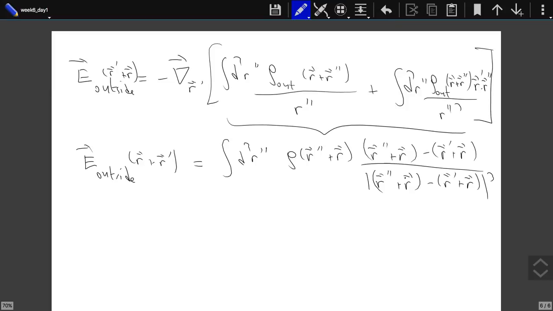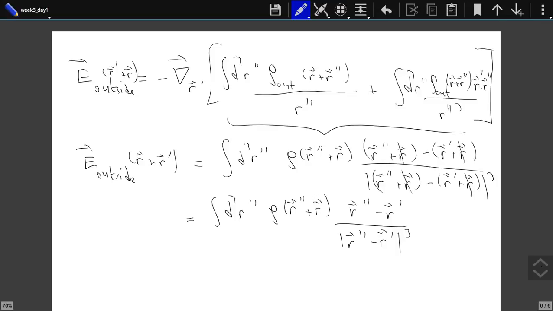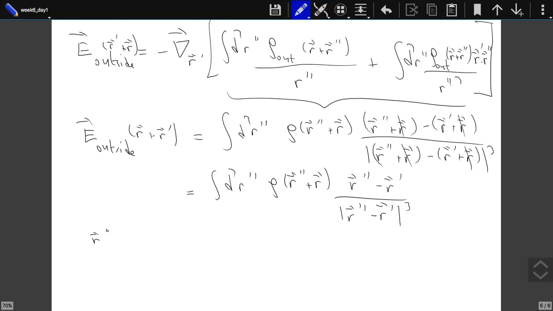Now of course the r's cancel in this electric field, as it should. So this just becomes the integral of d cubed r double prime rho of r plus r double prime, times r double prime minus r prime, divided by the magnitude of r double prime minus r prime cubed. And now we said that this r double prime minus r prime divided by the magnitude cubed is actually minus the gradient of 1 over the magnitude of r double prime minus r prime, the gradient with respect to, let's say, r prime.